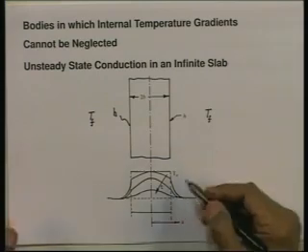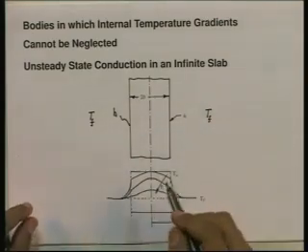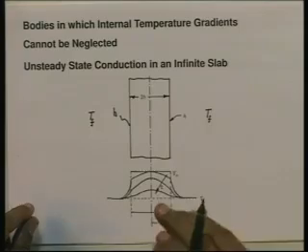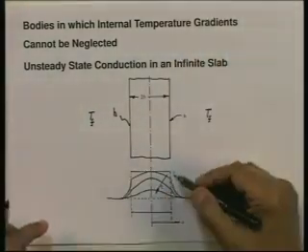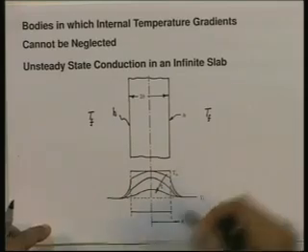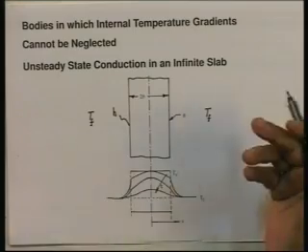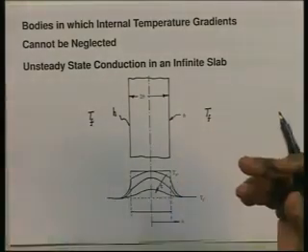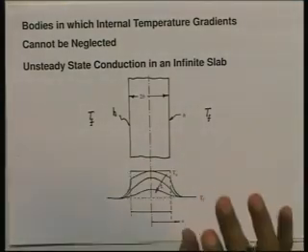So, the slab is going to cool, and we would like to find equations for the temperature distribution in the slab as it is cooling. It could be heating up also. If I show T 0 less than T f here, the slab would heat up. It does not matter. The solution we obtain will be general enough for both cases, cooling or heating, but it is the same physical situation.